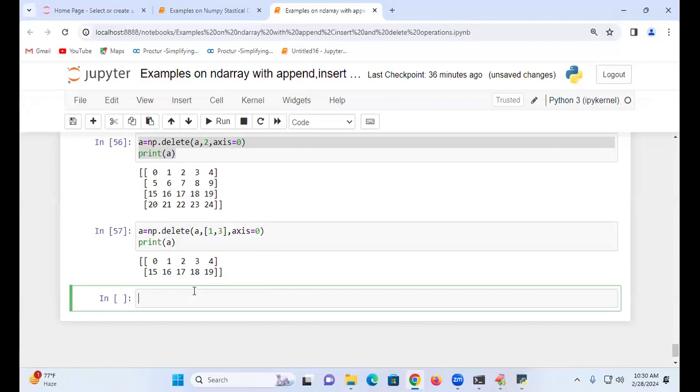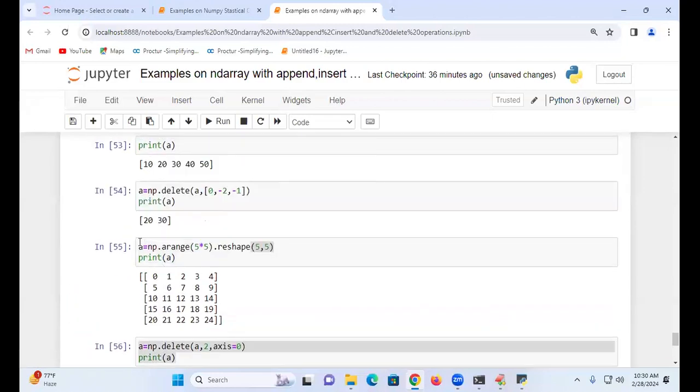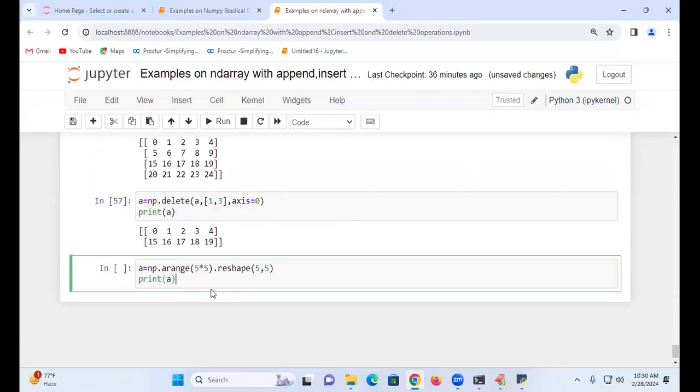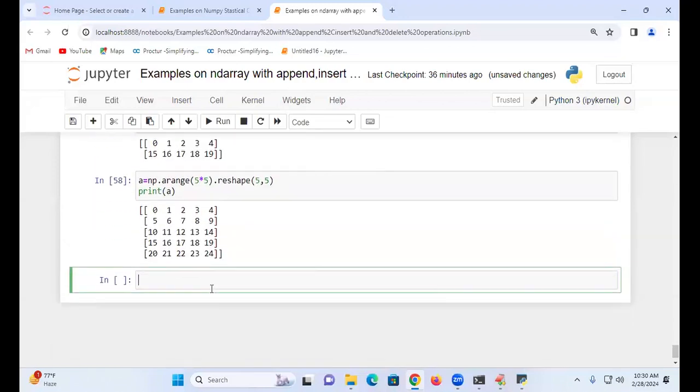Now, next. I will reconstruct it. Dear students, carefully follow. Now I want to delete columns. Now almost you understand.